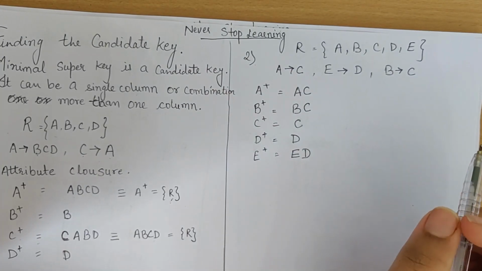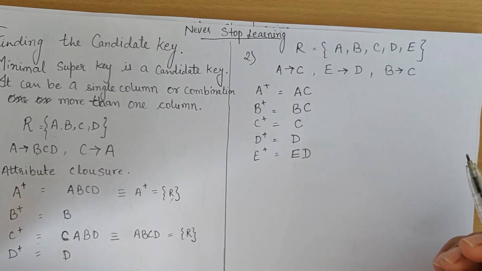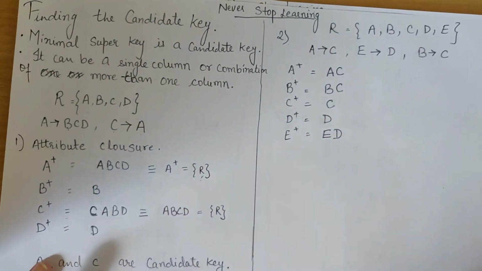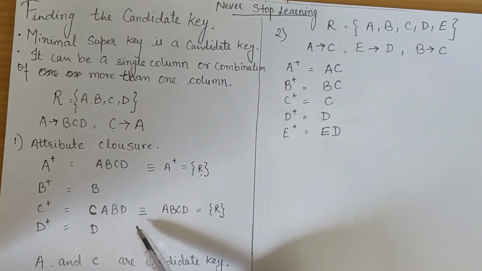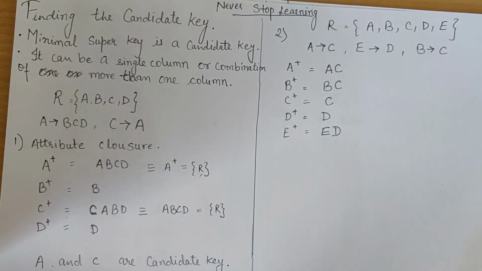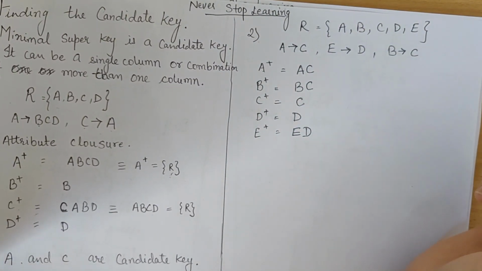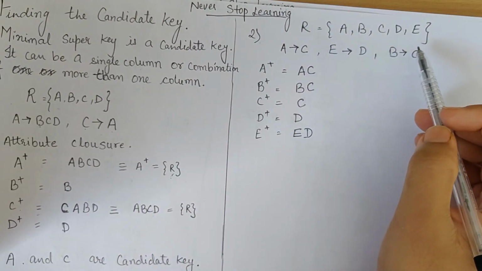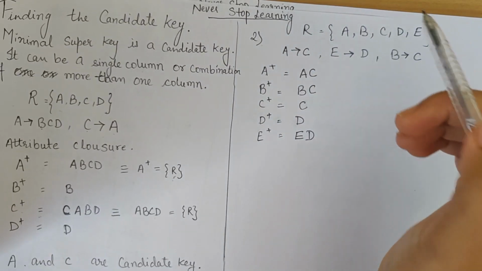Fine. Now from this information we need to find the candidate key. In the previous example, we got the attributes that identify the entire relation uniquely in the first step itself. But here, after the first step, I am not able to find any element that determines the entire relation R. In that case we use a little trick.